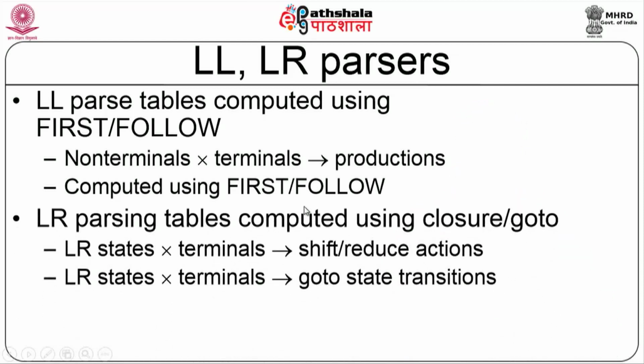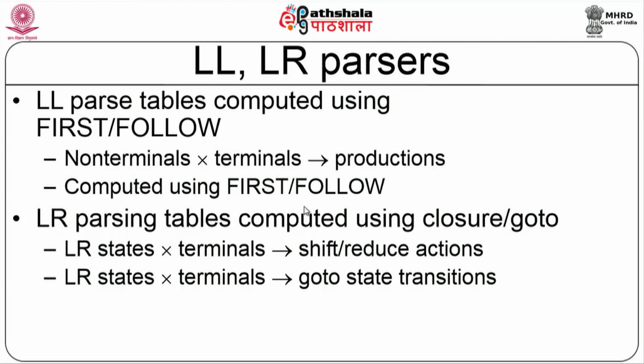Okay. And then in LR parsing tables, we have computed using closure and goto. So, the item set construction is the first step. Item set constructions can be LR of 0 items for SLR parser, or LR of 1 items for LALR and canonical LR parsers, where the rows refer to the LR states.